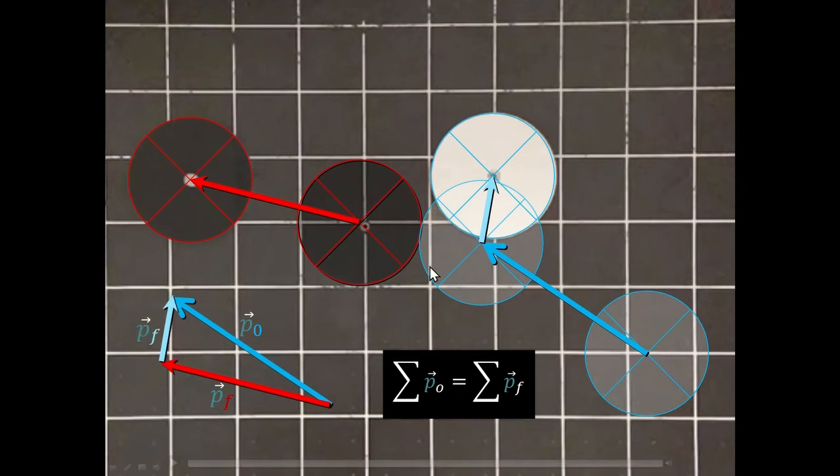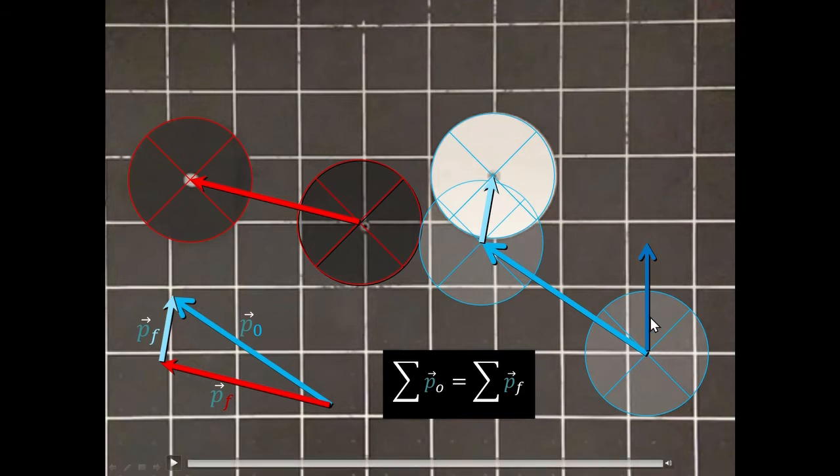Because these are vectors, you can add those vectors head to tail. So this after plus this after really does equal the same thing as the momentum before. I should say that these pucks have the same mass. That's why I can get away with just using the velocity for its momentum.